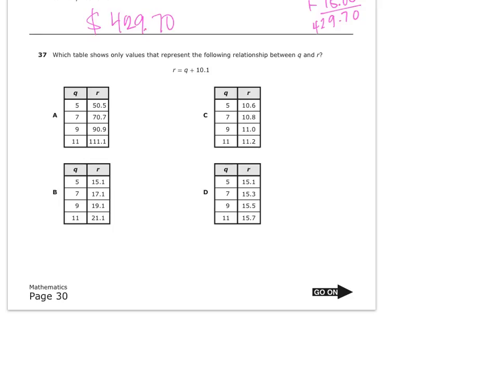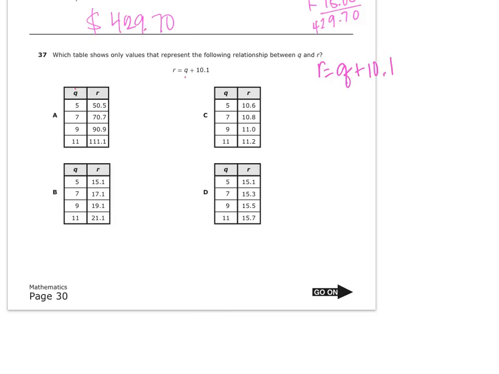Which table shows only the values that represent the following relationship between Q and R? So Q and R, if I substitute Q in, work it out, I should get R. Okay, so let's look at the first one. It says R equals Q plus 10.1. Let's look right here.